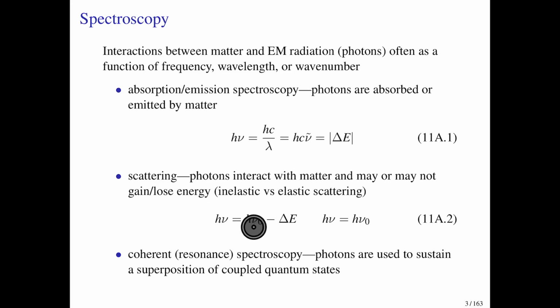So this delta E can be positive or negative, depending on whether the photon gains or loses energy. Anyway, we call that inelastic scattering, and so we'll talk about that on the next slide. I think I have a figure illustrating it, but before then, this third point here.